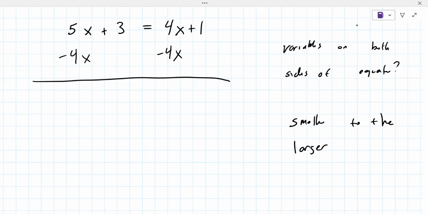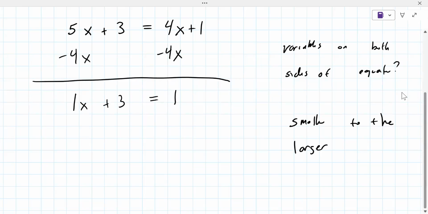Let me write this down. That equals 1x. The 1x plus 3 equals 1.